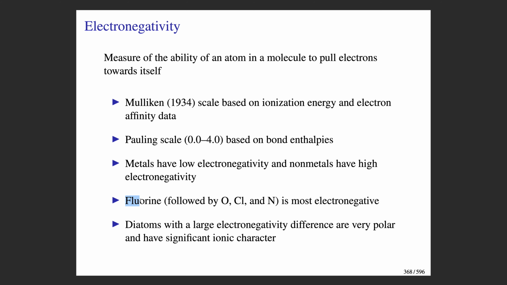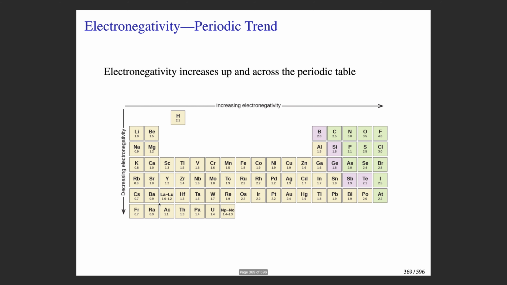Fluorine is the most electronegative atom on the periodic table. It has a value of 4, and all other atoms have smaller electronegativities. So here you can see all of the metals. They have relatively low electronegativities, whereas the nonmetals have relatively high electronegativities. Fluorine is the largest, followed by oxygen, followed by nitrogen and chlorine.